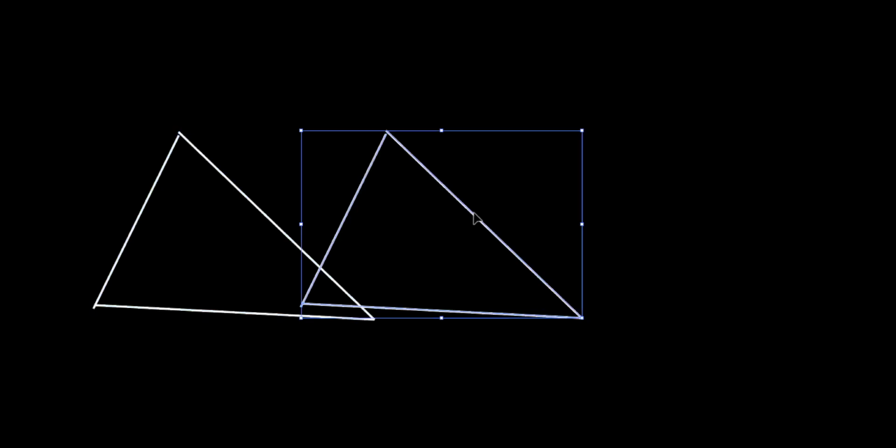Let me do another triangle. I'm still going to do side angle side, but I want to do just a different triangle just to show you. Okay? Copy that, group it, then copy it, paste. Okay, here we go.